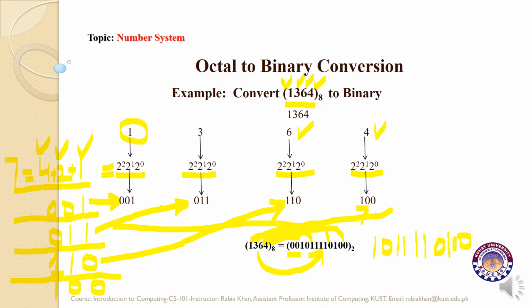So zeros towards the left can be avoided, but zeros towards the right cannot be skipped. Keep in mind, this is also correct, and this one is also correct. If you convert it again to an octal number, by reverse conversion, you will ultimately get the number 1364, both from this and from this.